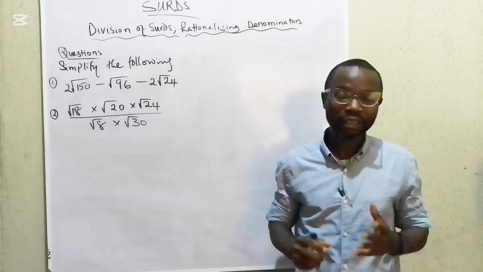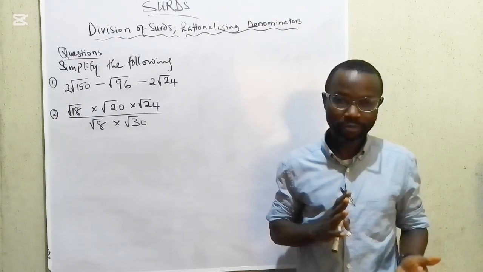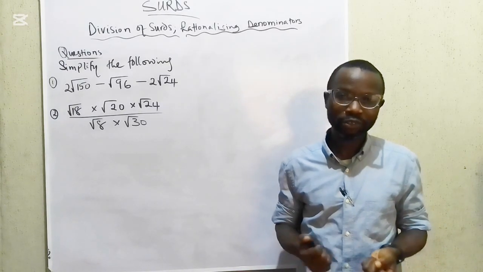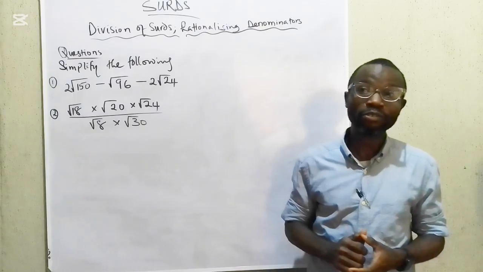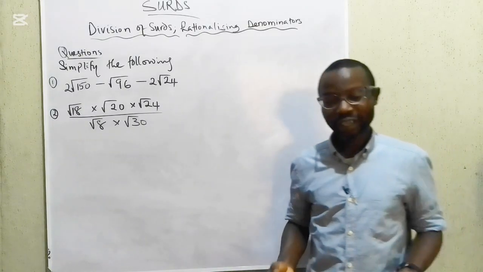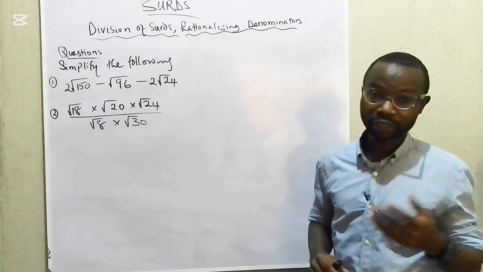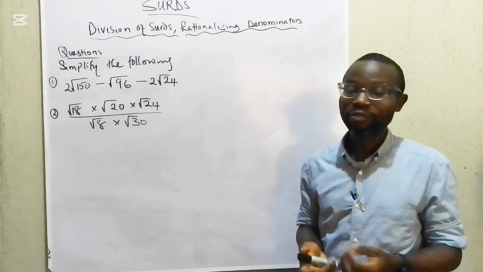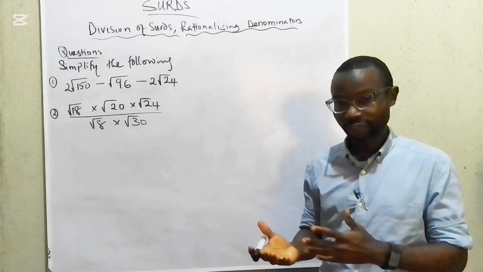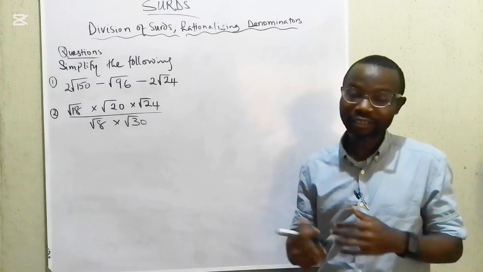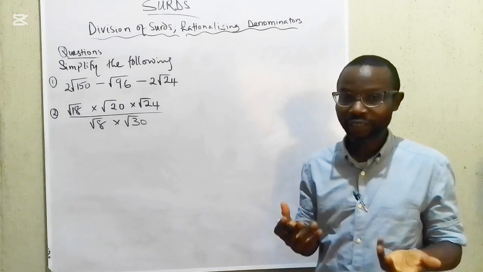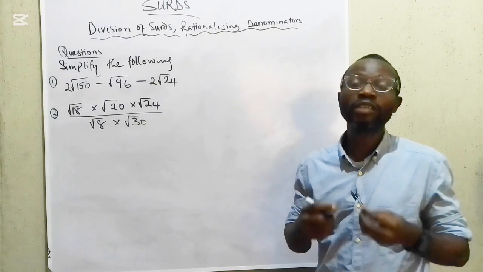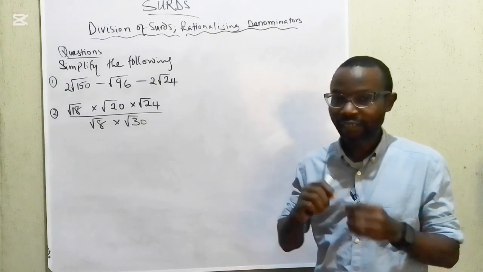Now we already are doing some simplification of surds, division of surds. We looked at rationalization of surds. We said rationalization of surds refers to the conversion of a fraction that has a surd as its denominator, or let's put it this way, properly defined, rationalization of surds happens when a fraction has a surd as its denominator.